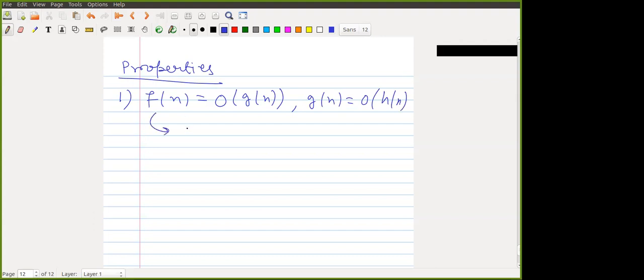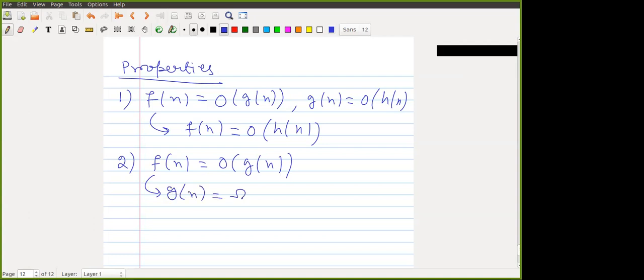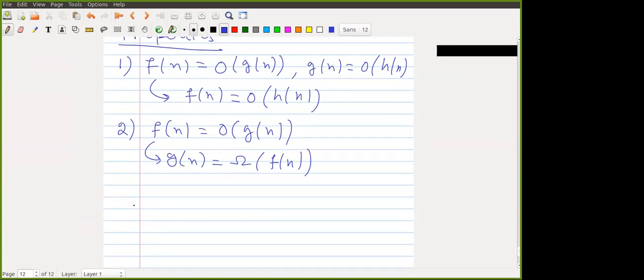This implies that f(n) is also order h(n). The second thing is, of course, as somebody has pointed out, if f(n) is order of g(n), then similarly, if f(n) is theta of g(n), which implies that g(n) is also theta of f(n).